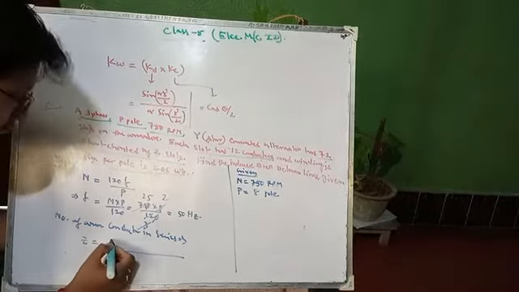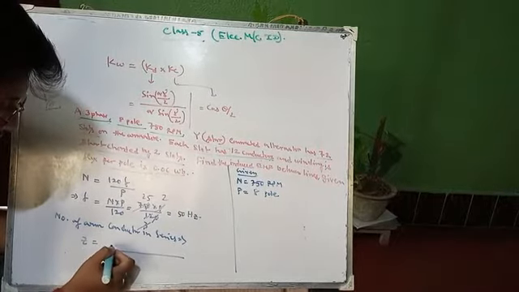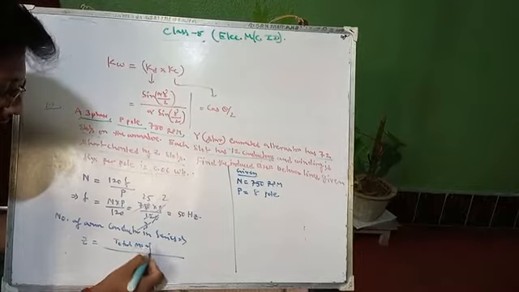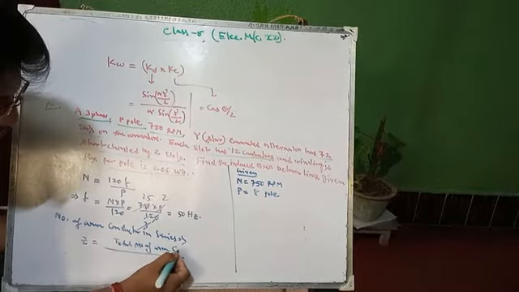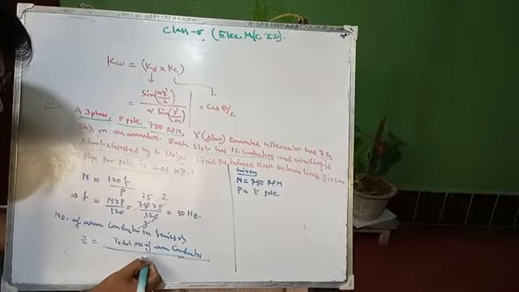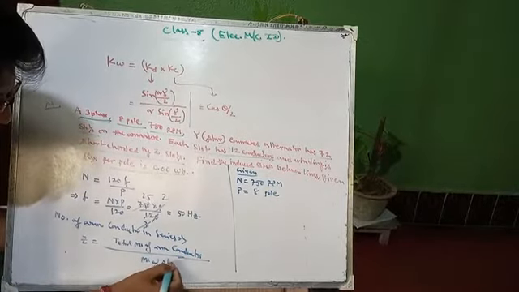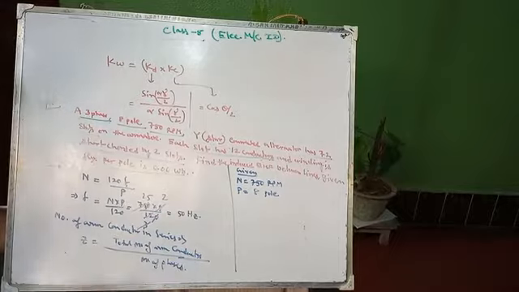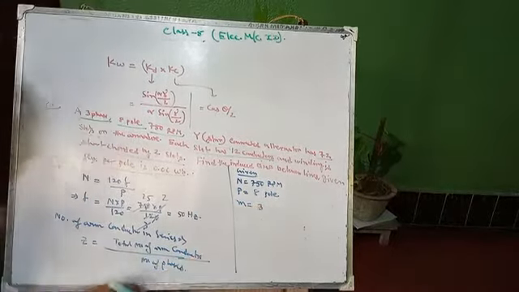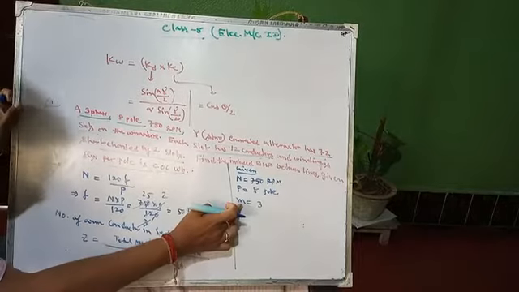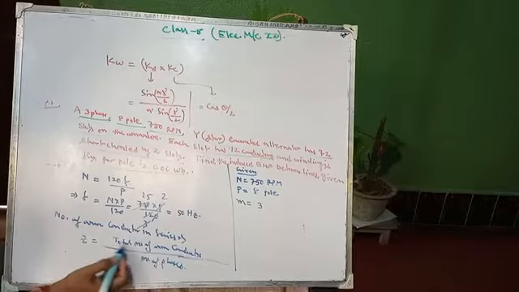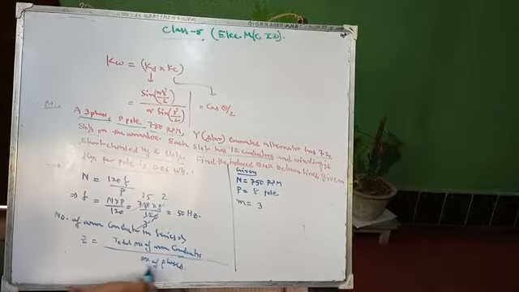It is the total number of armature conductors divided by the number of phases. Here suppose m equals the number of phases, which will be 3. So Z is the total number of armature conductors divided by the number of phases.